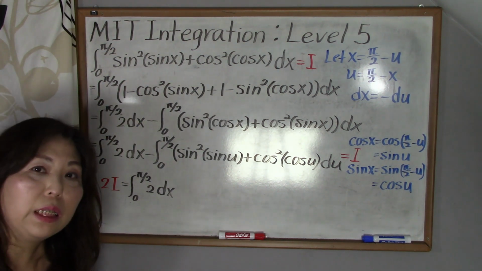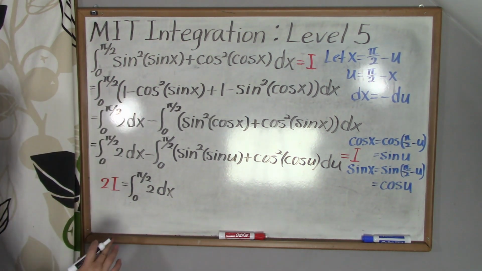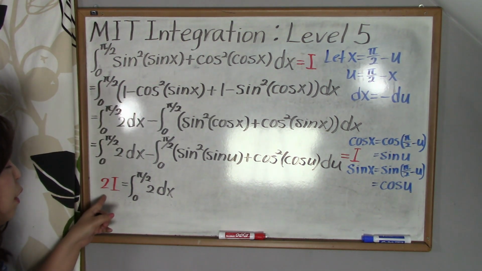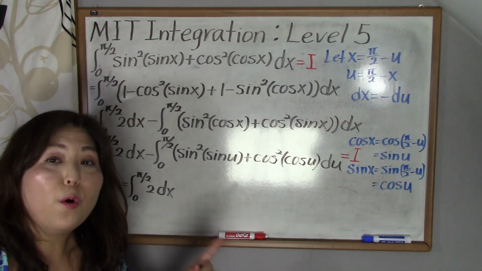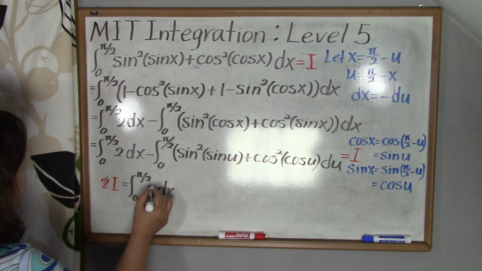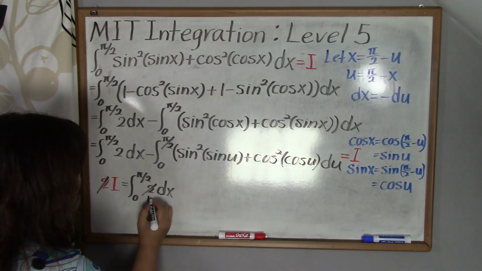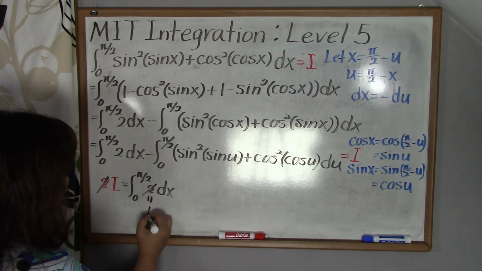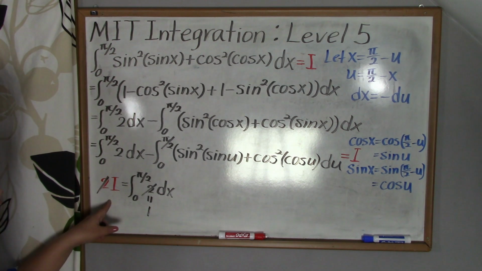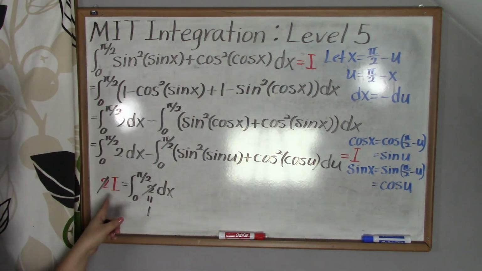This is the process. Now we don't want a 2 here. We want to divide both sides by 2, so the 2 and 2 cancel out. And actually this is 1, because we want to figure out the value of I.